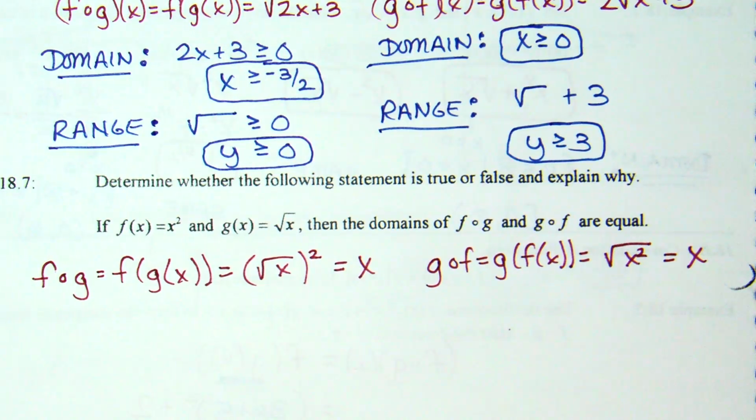What did we put in here? It was the square root of x squared. Are there any restrictions here? This x right here has to be greater than or equal to 0 because it was under a radical. So can we use just any x we want in Fogg? No.